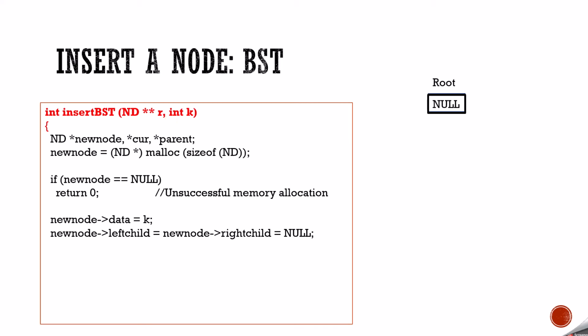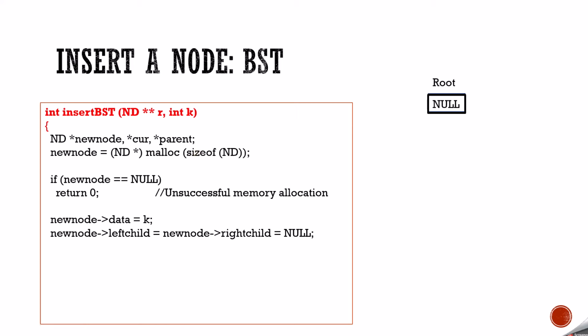In terms of the tree, the first node is basically the root of that particular tree, so don't confuse these two roots. One root that I am using over here is basically the pointer variable which is holding the address of the starting node, which is actually the address of the root node, and k is obviously the value that I'd like to put over there.